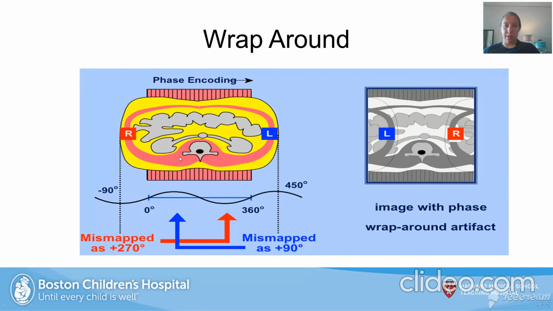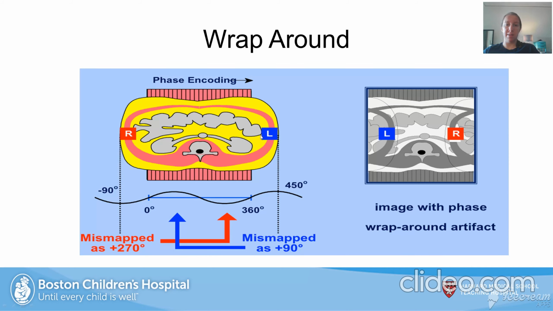Just to make it clearer what it looks like, if this is your patient, you can tell these are the kidneys, this is the intestinal area, and this is your field of view here.